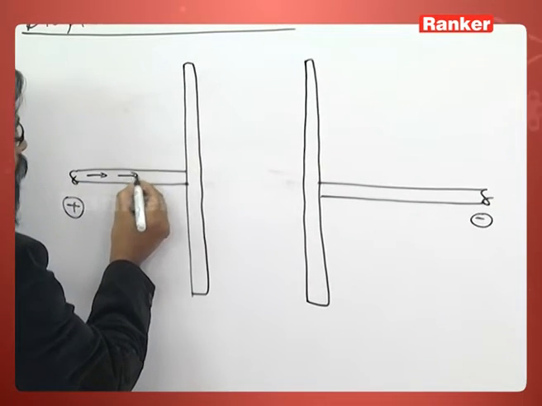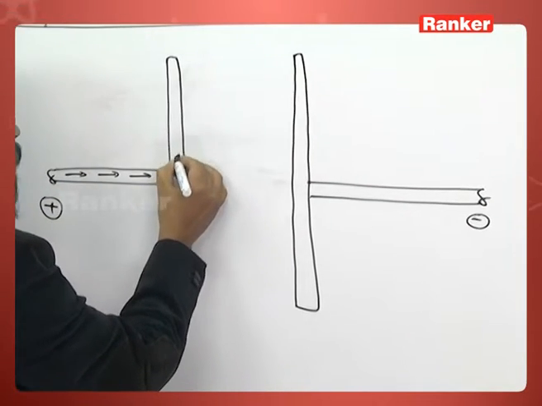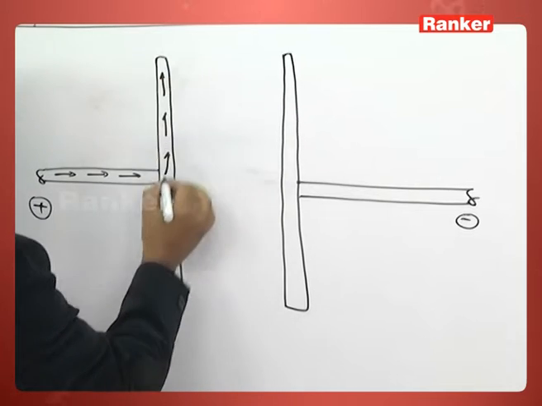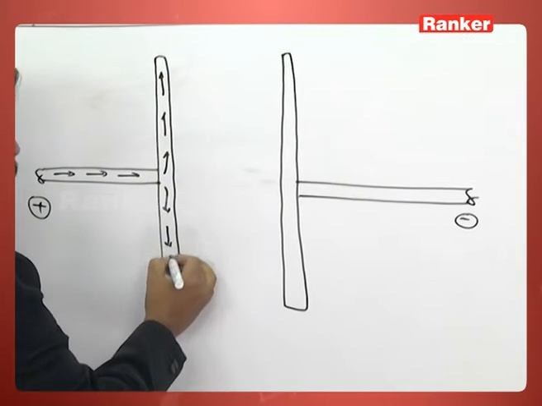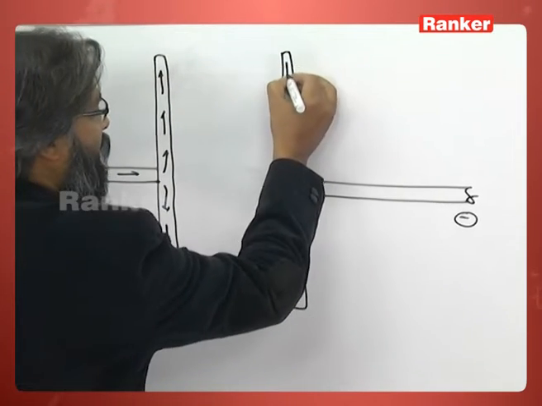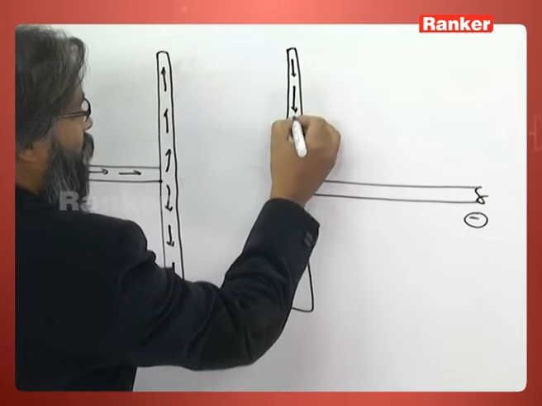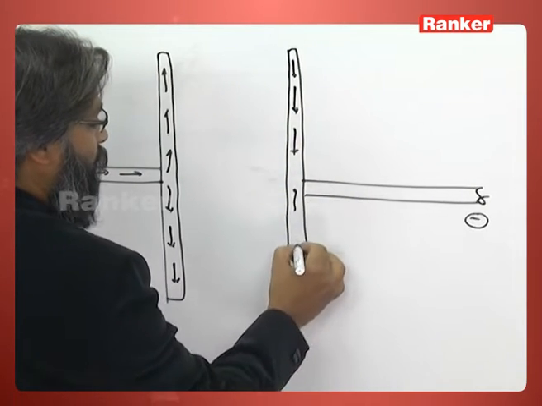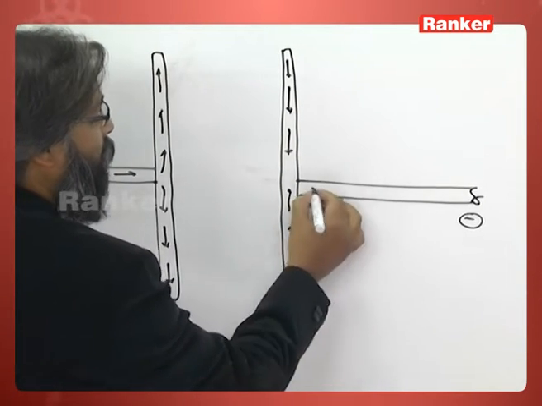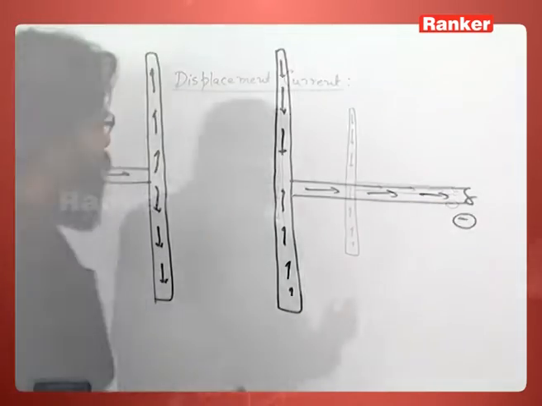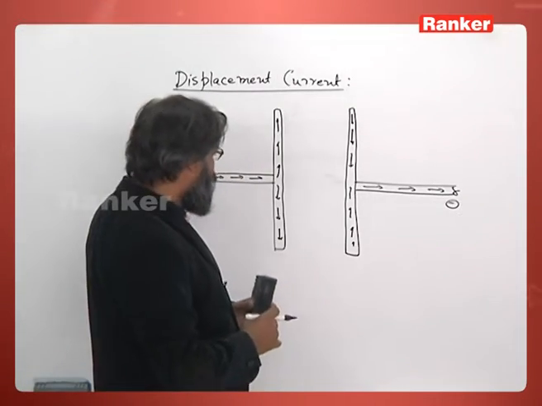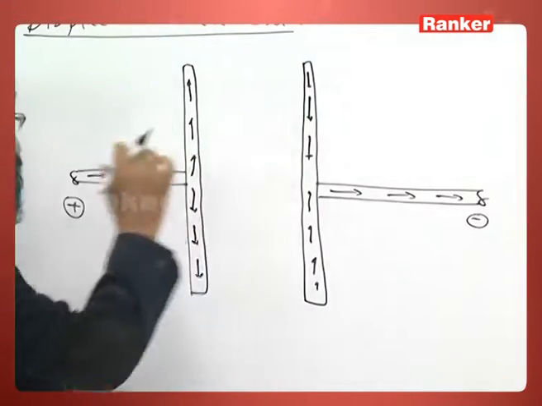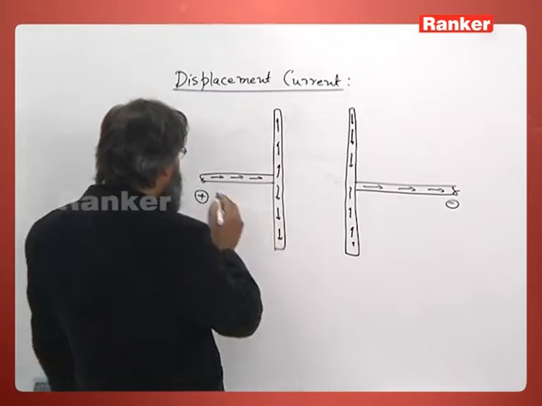So the current flows in the capacitor this way. The charge build-up takes place on the capacitor plate, and this is the positive plate. So the charge flows from this towards this. So we will concentrate in this region and in this region.